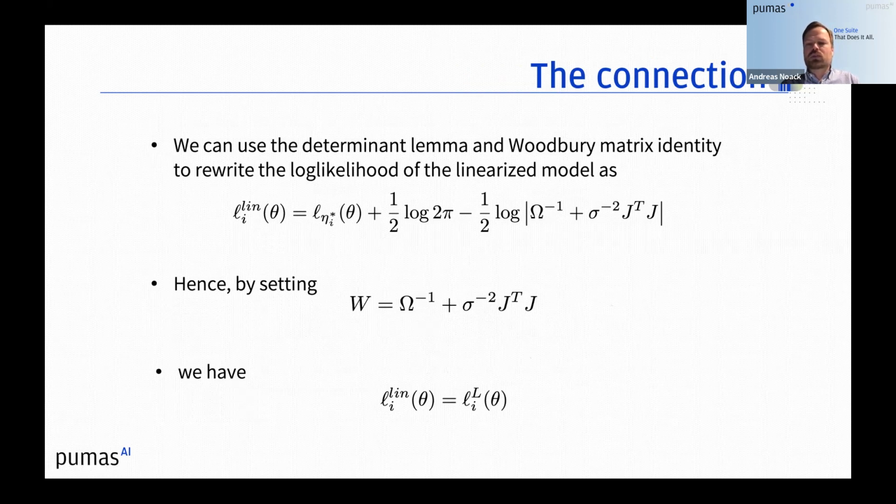That shows that the linearization approach and the Laplace approximation approach are exactly identical for this specific choice of W here in the middle of the screen. So they are not generally equivalent. They are only equivalent if W is chosen in a very special way. But given that choice, they are exactly the same.